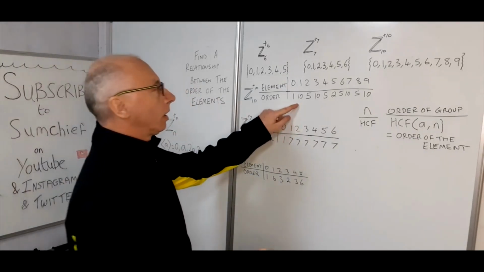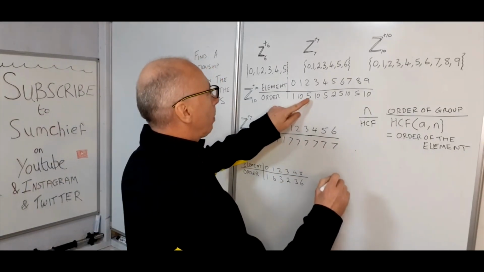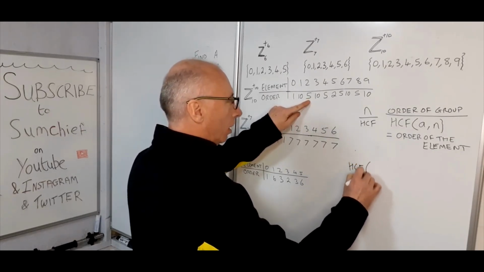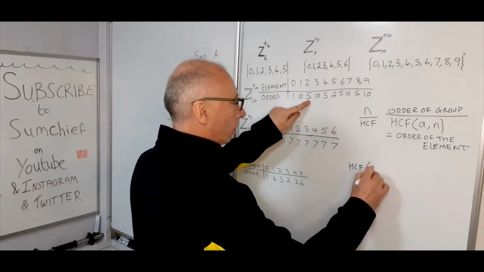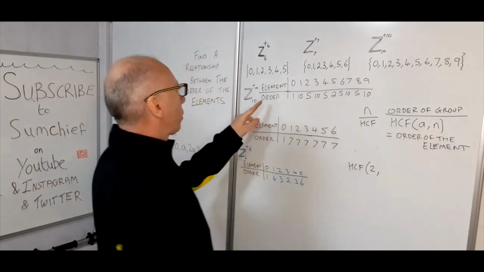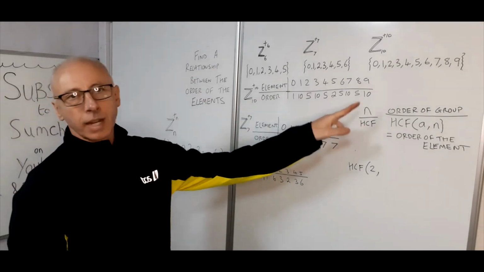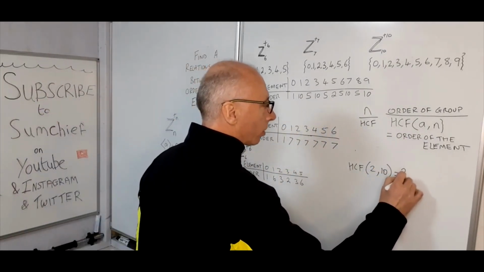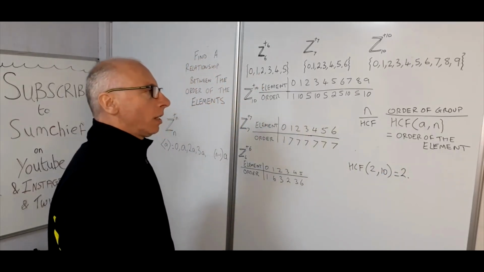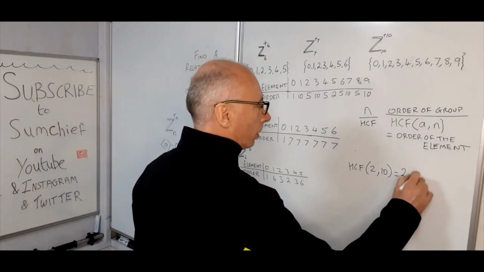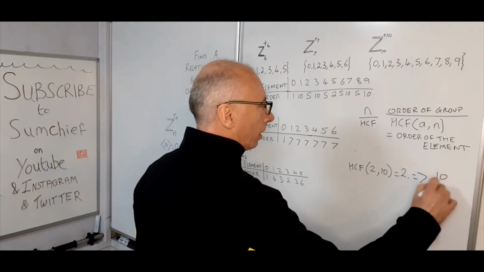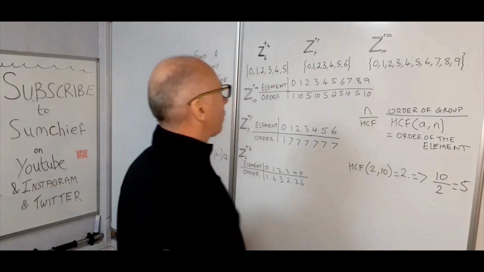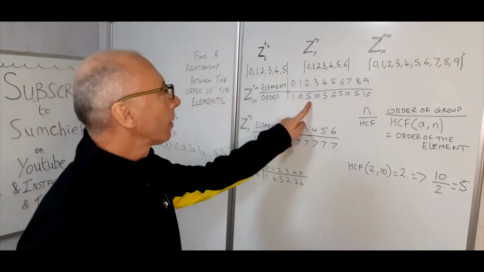Okay, so let's pick number 2. Highest common factor between A, so element 2, and N, which is the order of the group, or the order of this group is 10. So highest common factor between 2 and 10 is 2. So now what we're going to do is order of the group, 10 divided by the highest common factor gives us 5. 2 is of order 5.